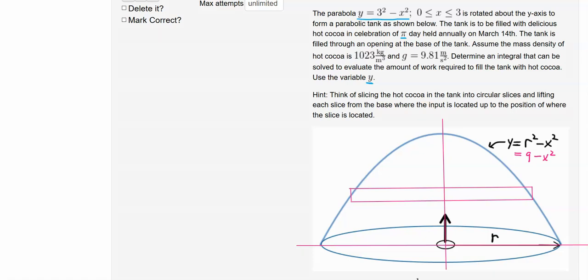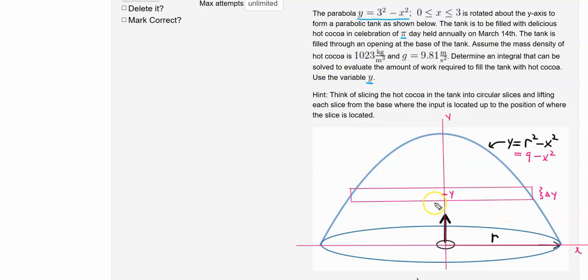So there we have a slice. Keep in mind that's actually a three-dimensional disk. The width is going to be delta y, because delta y is being measured along the y-axis. This is at position y.